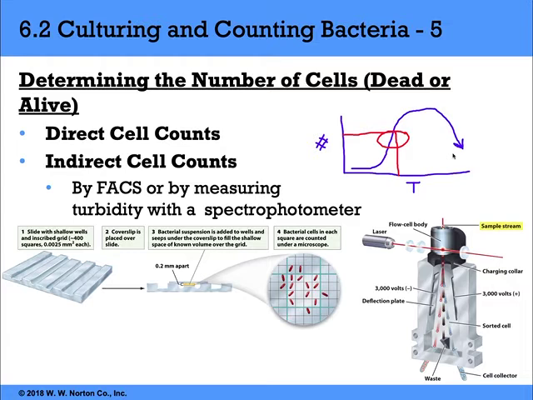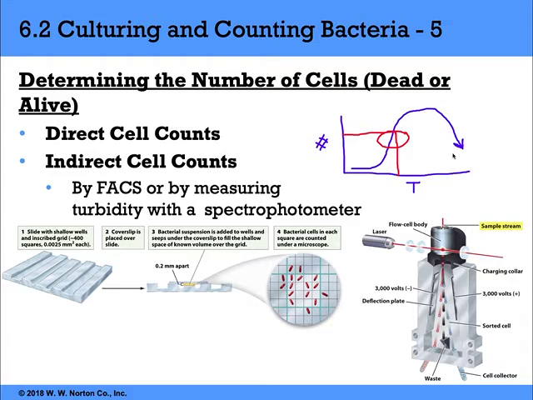We know the area of each of those little grids, and we count the number of cells in a particular area of the grid, and that allows us to compute the number of cells per unit volume in that liquid media. That's called a direct cell count. Now, one of the things we don't get from a direct cell count is how many of those cells are alive. We just get cells. Some of those cells could be dead, right?